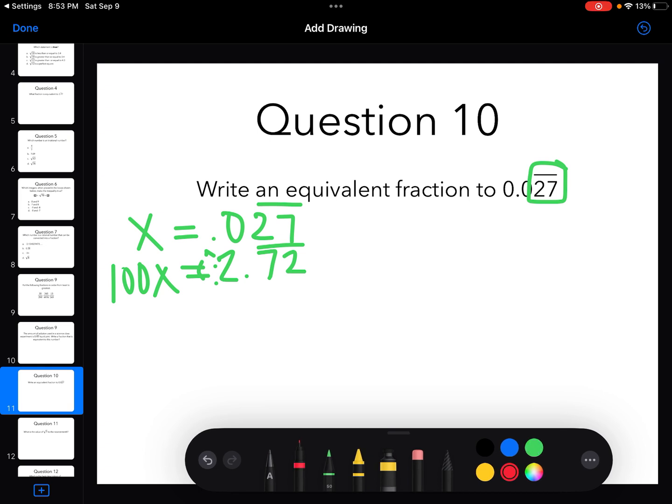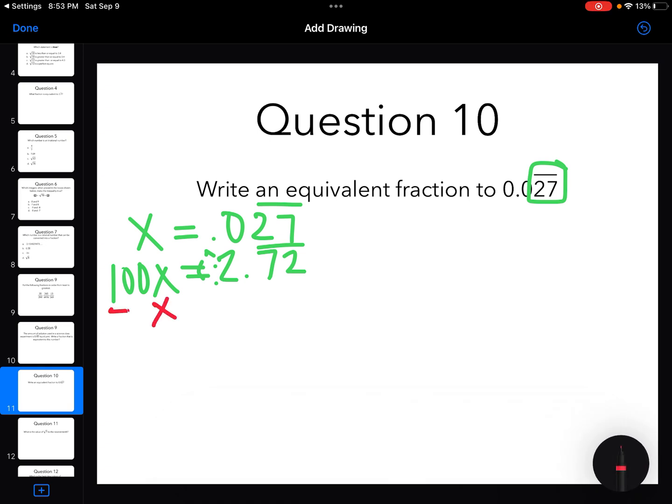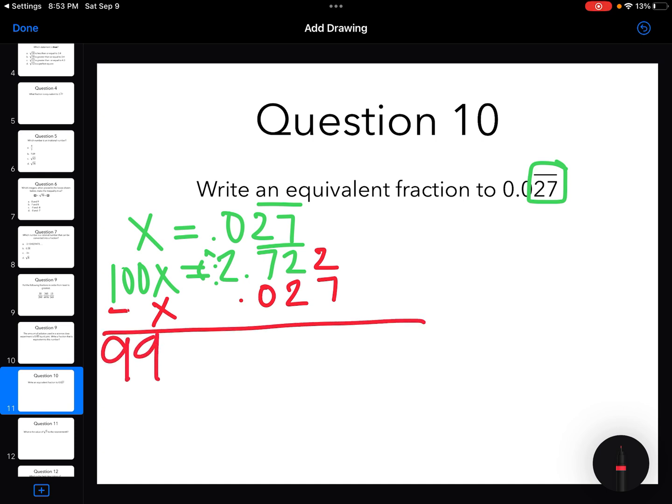So now I'm going to subtract my x on each side. All right, so I get 99x. Now I want to make sure that I do this correctly.